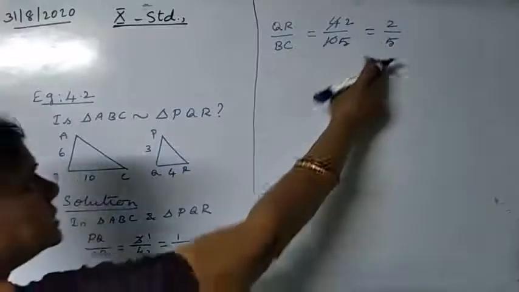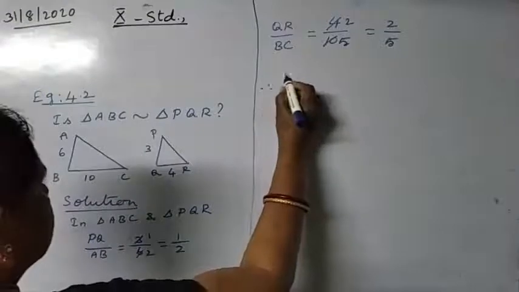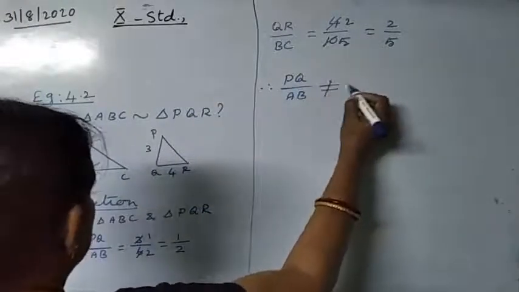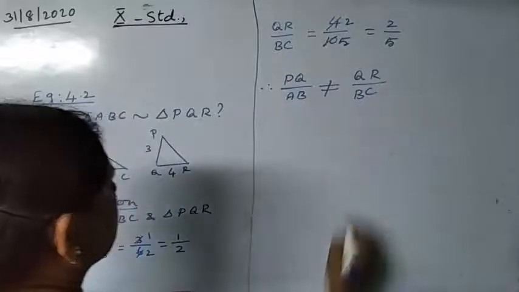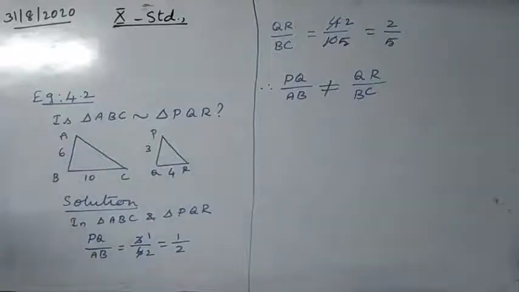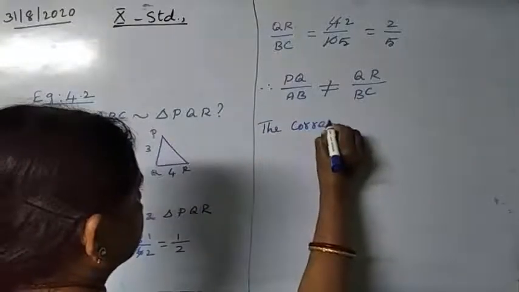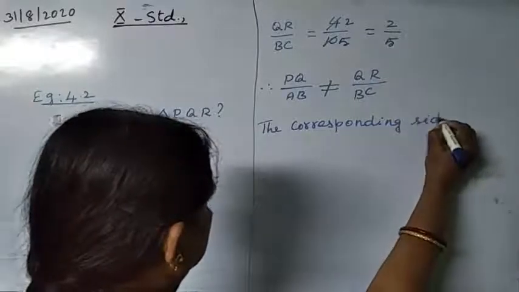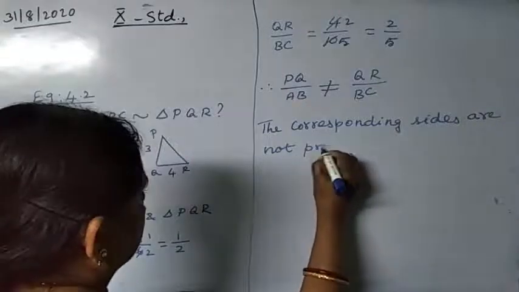Is 1 by 2 equal to 2 by 5? No, it is not equal. Therefore, I can say that PQ by AB is not equal to QR by BC. So the corresponding sides are not proportional.